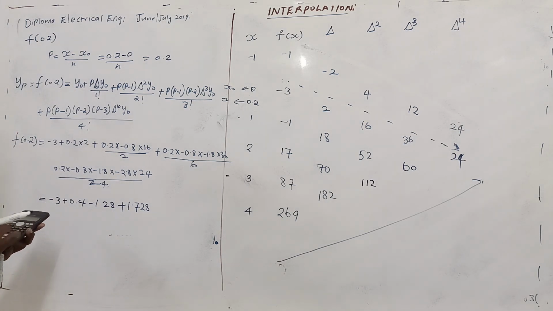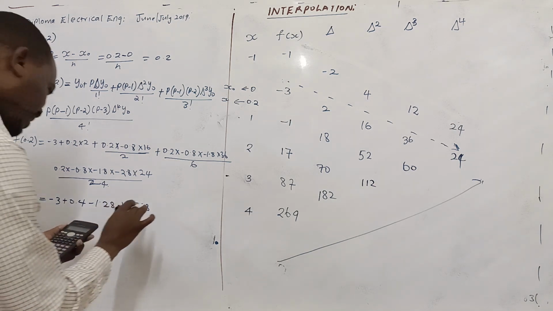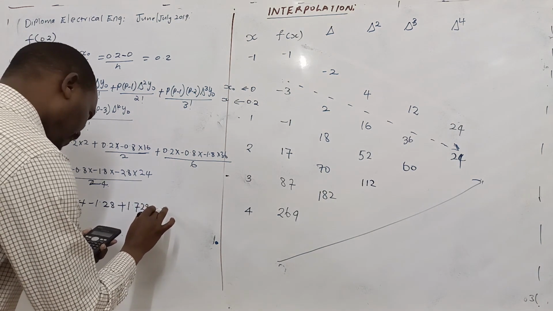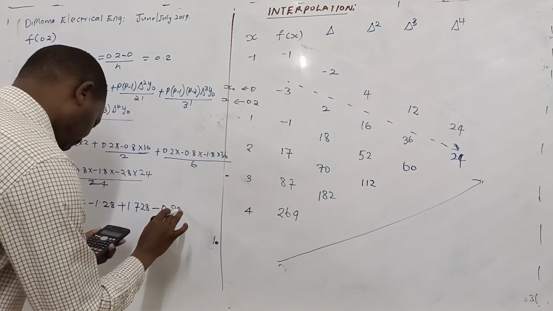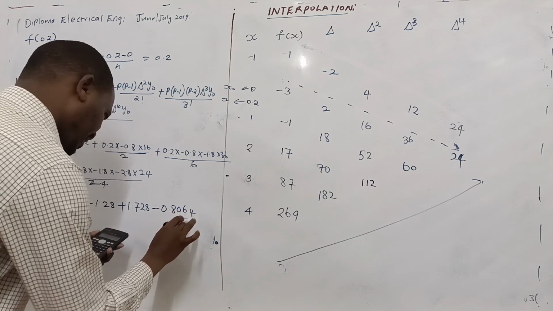And the next one is 0.2 times negative 0.8 times negative 1.8 times negative 2.8 times 24 divided by 24, which is negative 0.8064. Let us combine them.